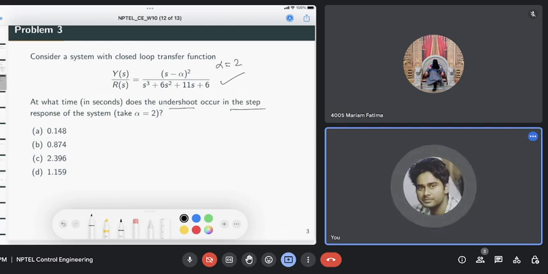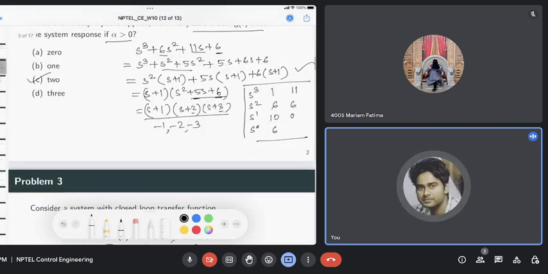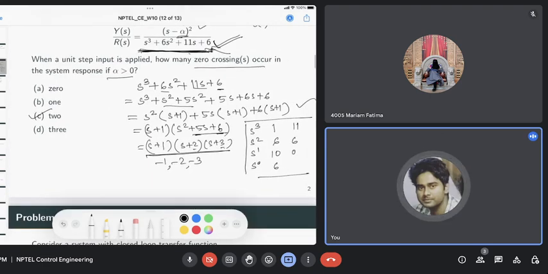We know that if the transfer function is given in this form, then we can simply write Y(s) equal to this transfer function times R(s). This is s minus alpha, and alpha is given as 2, so I can directly write s minus 2, squared, over this form, which we have already factorized. This is the factored form of this denominator term, right?